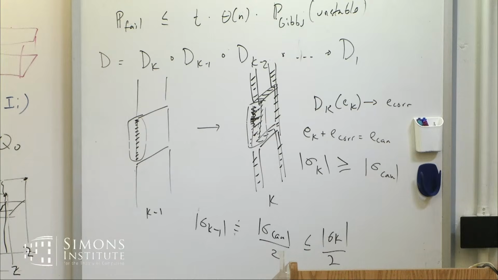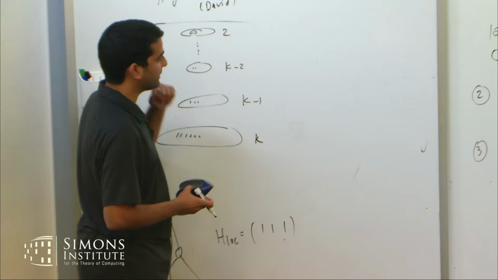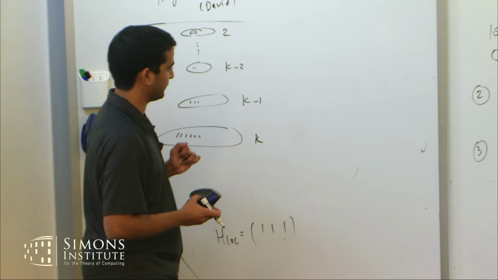So I define an unstable configuration as one in which I have some error that occurred at level k, and under this iterative application of the decoder, the error got smaller and smaller, but there's still some remnant of it at level 2. If you have an error for which this is the case, then that's how I define my unstable configuration.